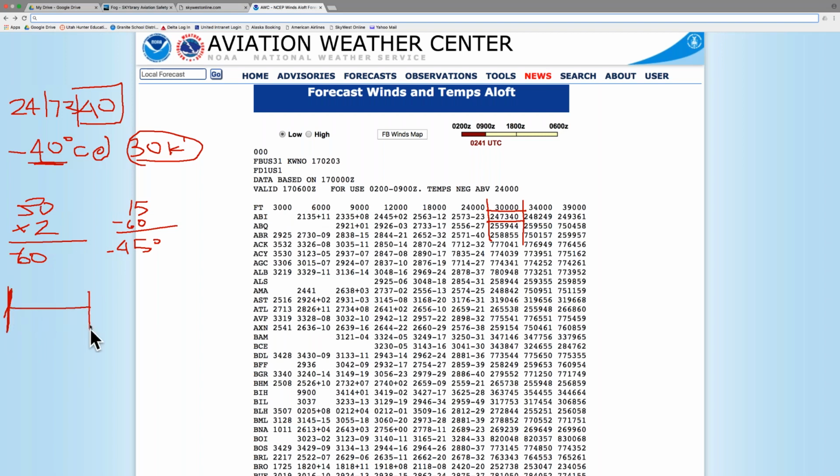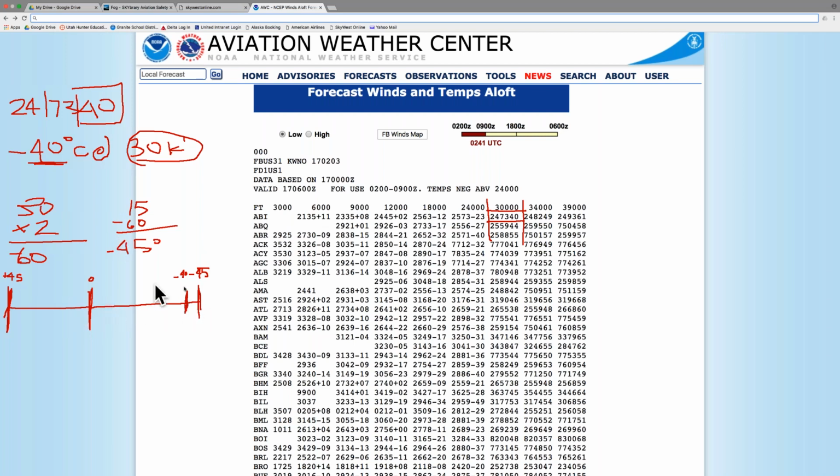Now we go back to the number line we learned in elementary school. Let's say this is a positive 45, this is 0, and this is a negative 45. Where would negative 40 lie on that number line? The closer we get to 0, that's a positive number, right?